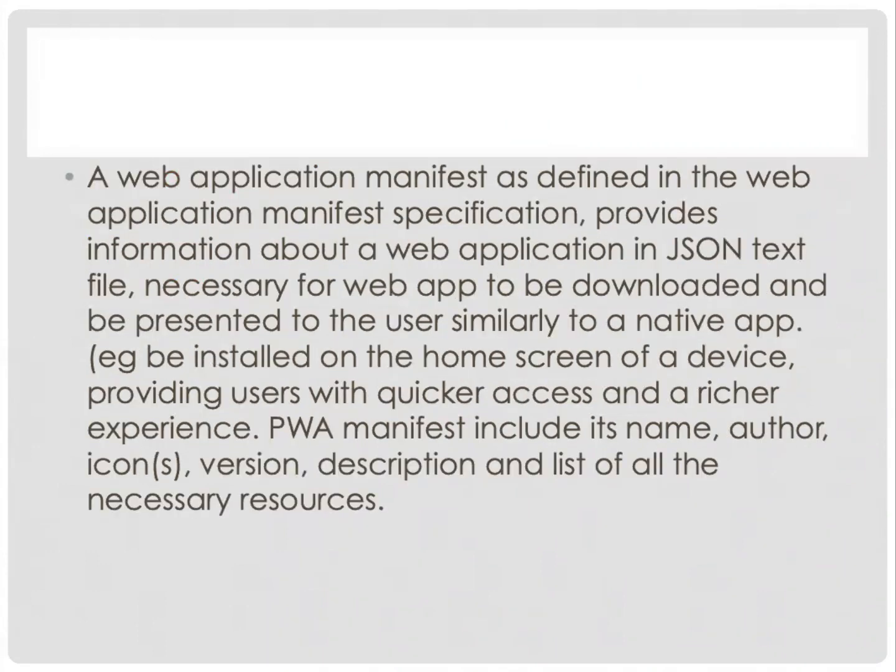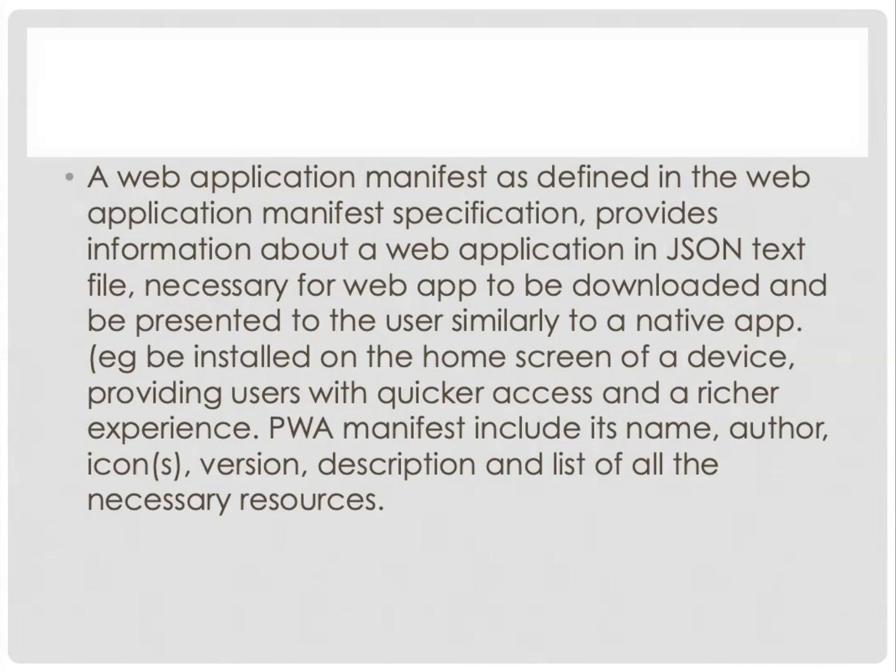Now, a web application manifest, as defined in the web application manifest specification, provides information about a web application in a JSON text file, necessary for the web app to be downloaded and presented to the user similarly to a native app.